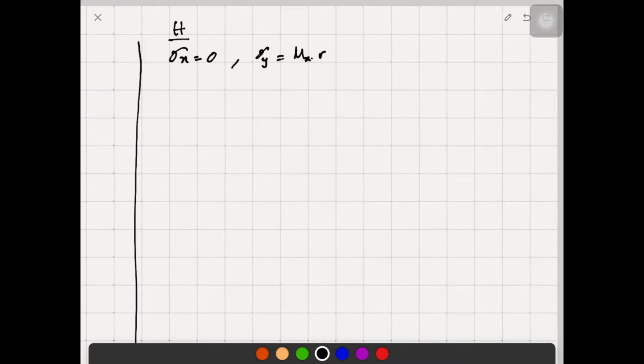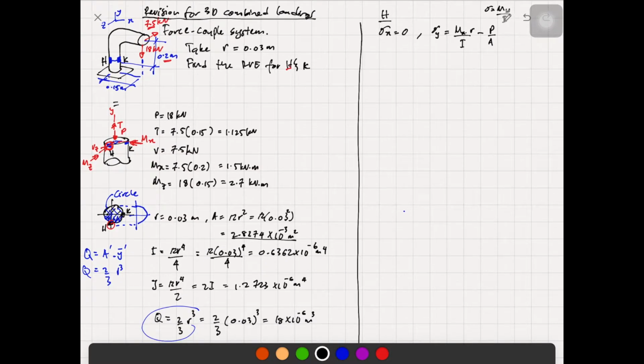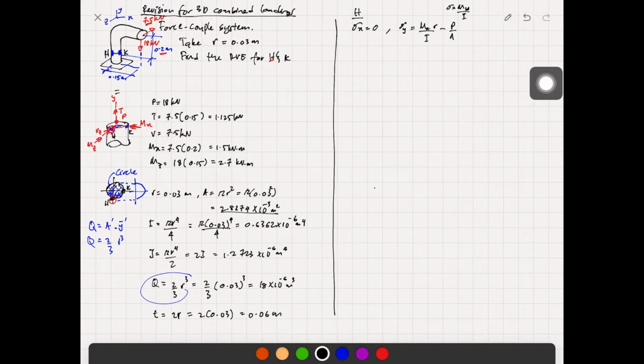Remember the equation My over I for bending stress, with I the moment of inertia. In our case we have the opposite direction of P, so I'm going to subtract the normal stress P over A. I hope you can see that.